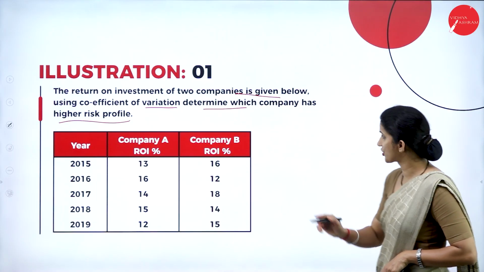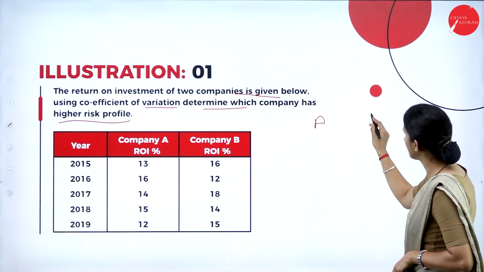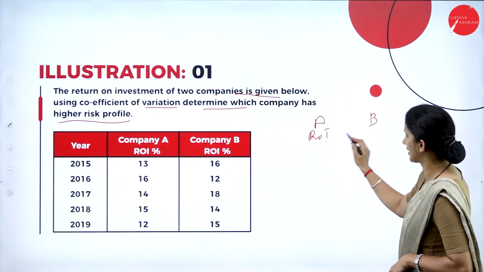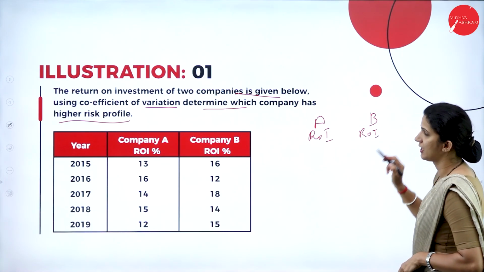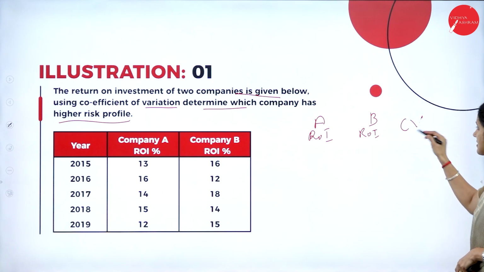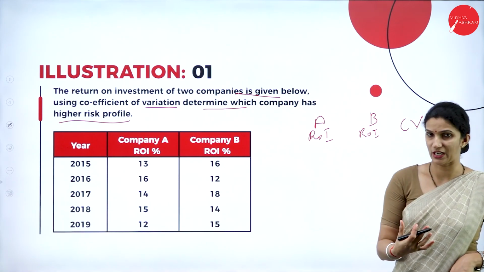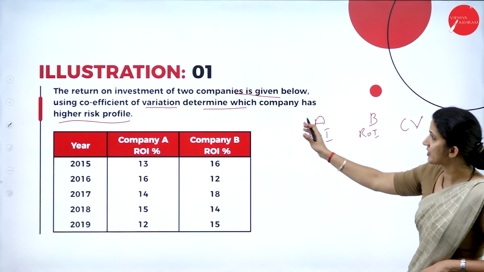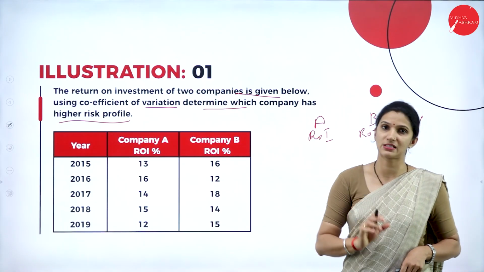So here we have company A and company B, and we have the ROI, that is return on investment. By calculating the CV, we need to decide which company has the highest risk profile.